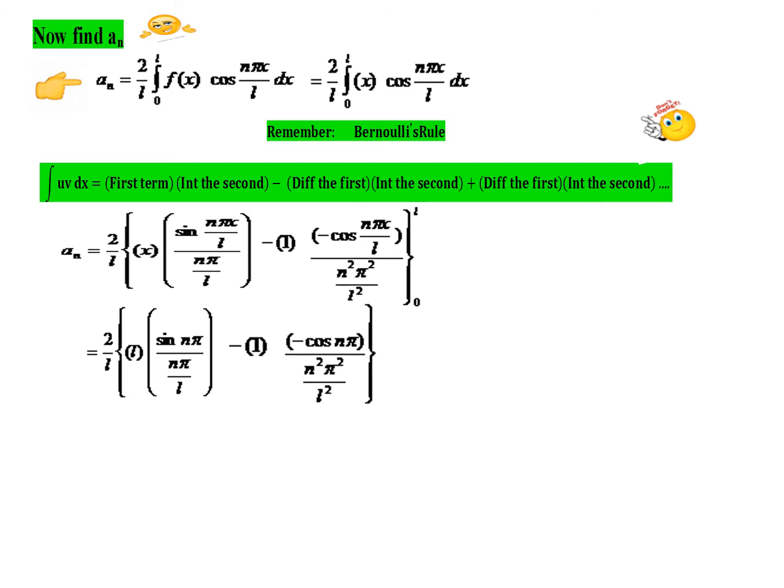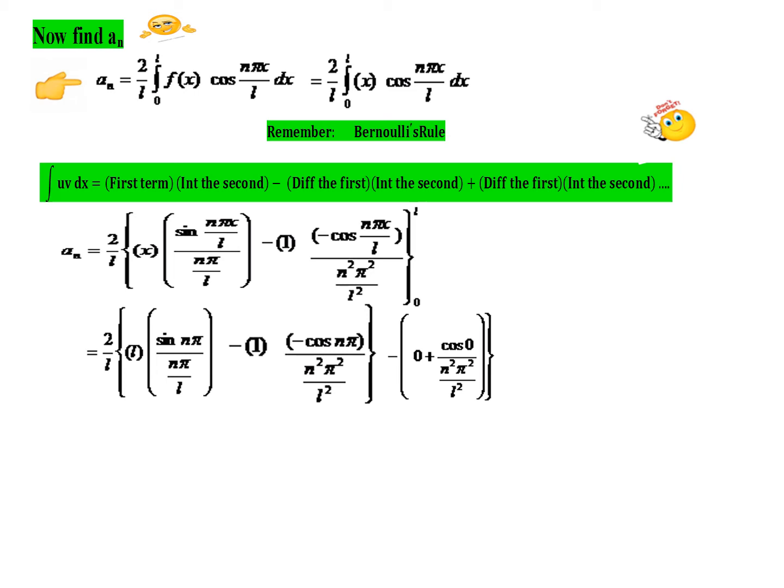Because we have put x as L, this is the upper limit, minus the lower limit, which will be, when we put x as 0, the first term will become 0, 0 into sine term, so 0, minus 1 into minus, so minus into minus will become plus, cos 0 divided by n squared pi squared by L squared.